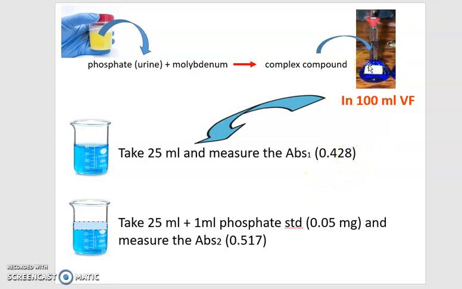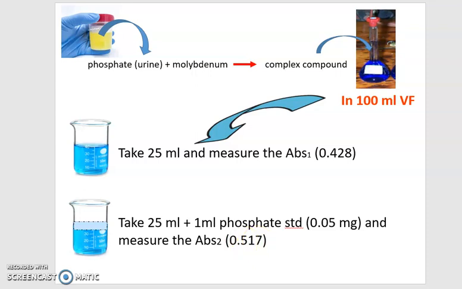We take another 25 ml from this 100 ml. For this preparation, the sample is added with standard phosphate, then introduced into the spectrophotometer, and the absorbance is measured at 0.517.